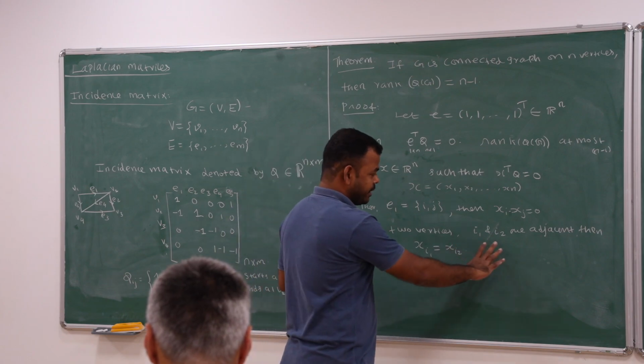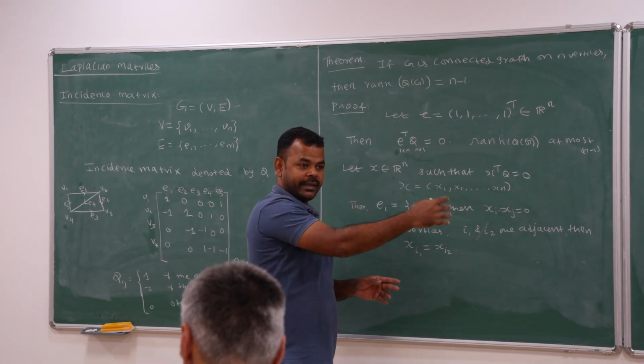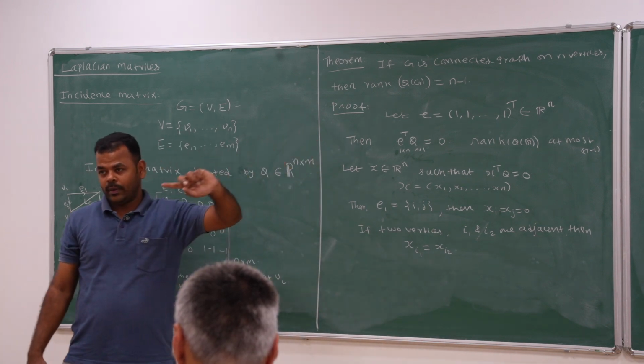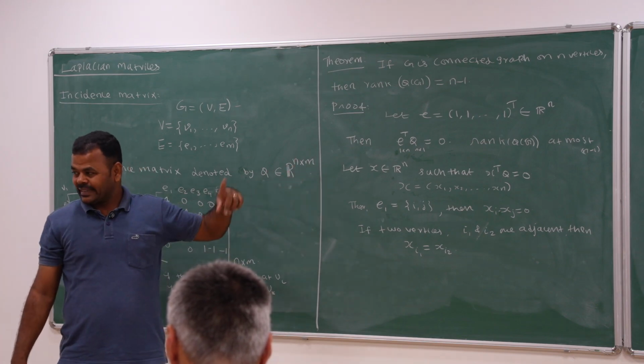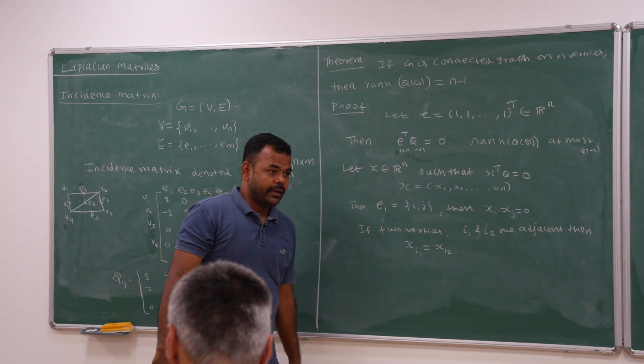Whenever you have an edge between the vertices i1 and i2, look at the column corresponding to that edge connecting them. That column contains 1, minus 1, and the rest of them are 0. So the non-zero entries correspond to xi and xj. So xi minus xj equal to 0, hence you are getting xi1 equal to xi2.